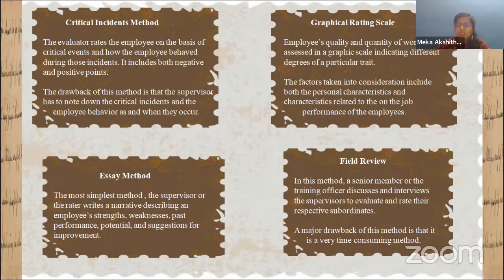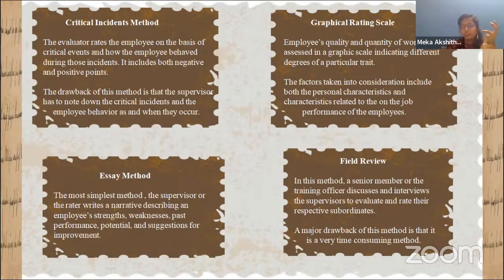Based on the answers given by the rater, the performance of the employee is evaluated on that particular trait. Then comes the essay method. It is the most traditional method, and also the oldest and simplest method. The supervisor or rater prepares an essay regarding the performance of that employee.